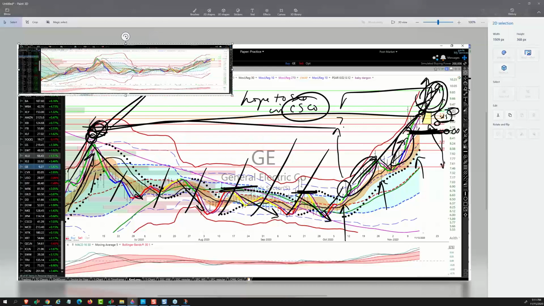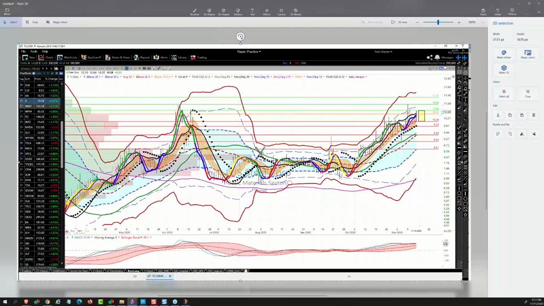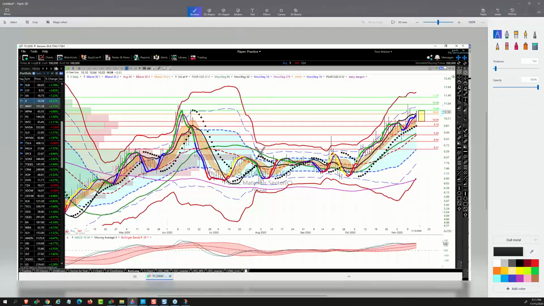So we saw on GE where it is already at or above the previous high with some legs behind it. U.S. Steel, on the other hand, is locked into this support level right here. It hasn't breached that price yet. In fact, where it did, it has come back in.